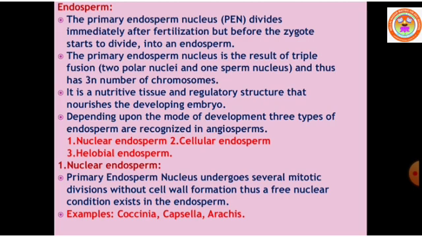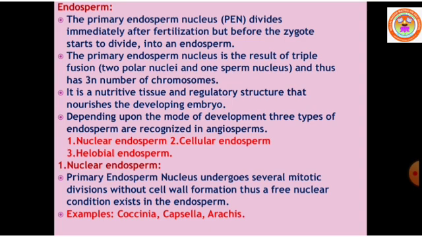The most important part in this lesson is called endosperm. What is called endosperm? During fertilization, one male gamete fuses with the egg and forms the zygote, which is commonly known as fertilization or syngamy. In the pollen tube, two male gametes are there.